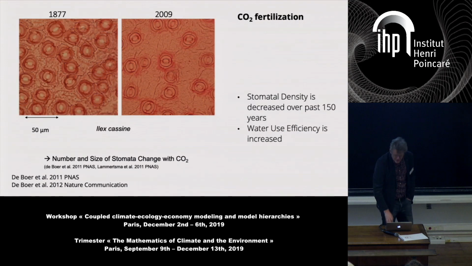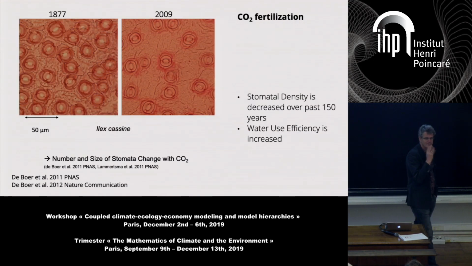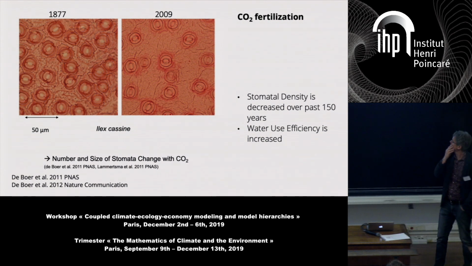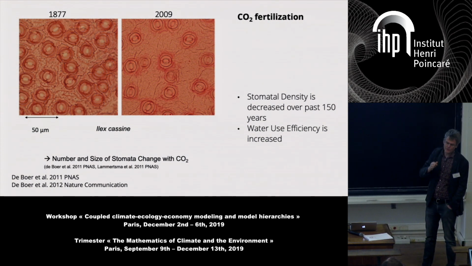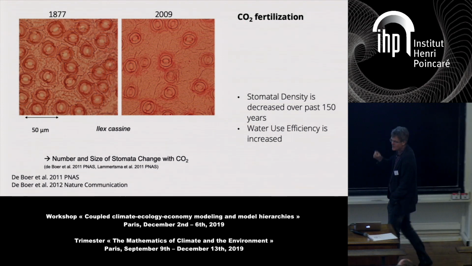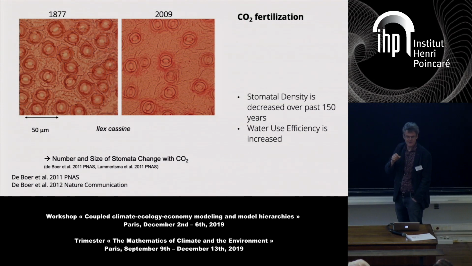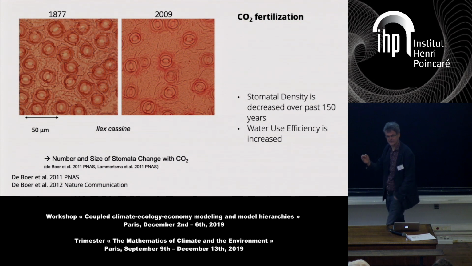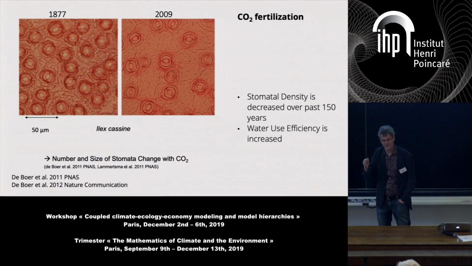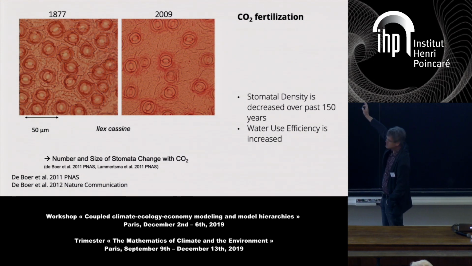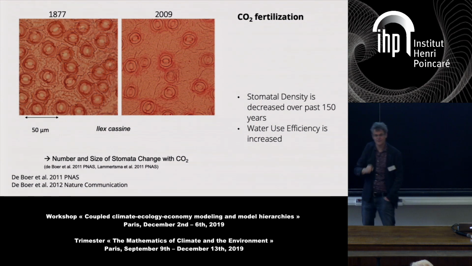Well, we think that at least one of the reasons for this increase in water use efficiency is that we really observe also a kind of adaptation of the system: the number of stomata has decreased over the past 150 years due to the increase in CO2. This is the same species, and this is only a small fragment of a leaf.